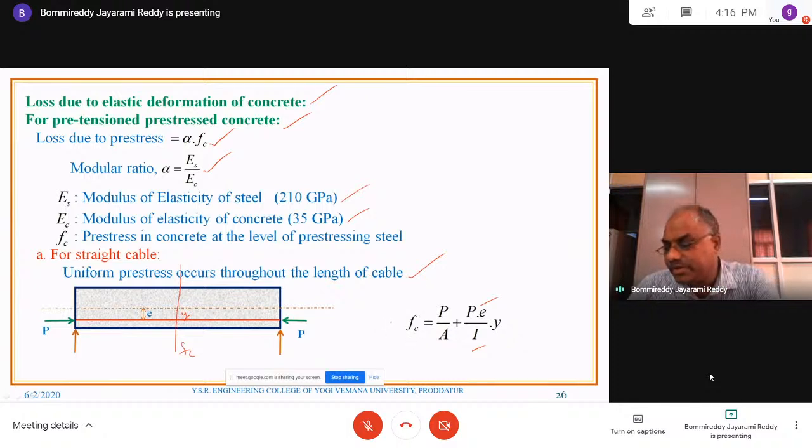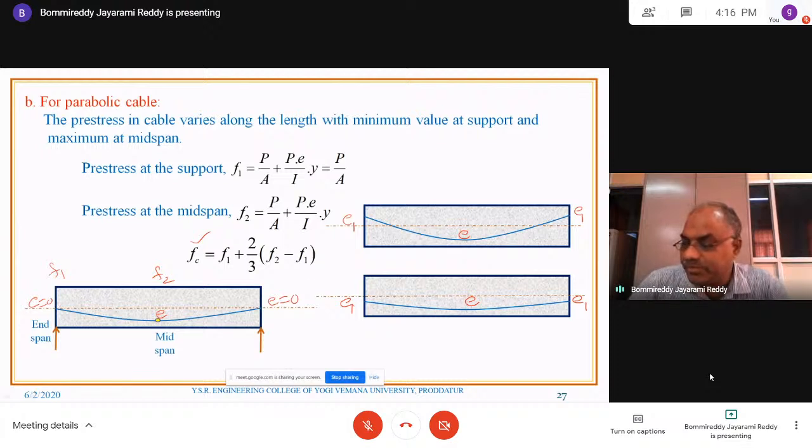Whereas in this case, F is different at the end and different at the middle. So F1 and F2 are the stresses at the end and middle, and accordingly we compute it. And FC will be the average value. Here average means the variation is parabolic.